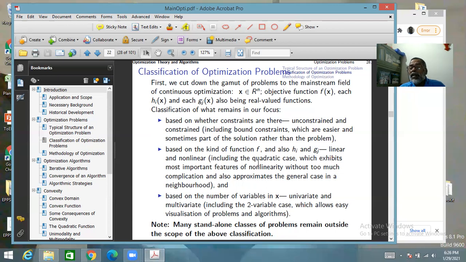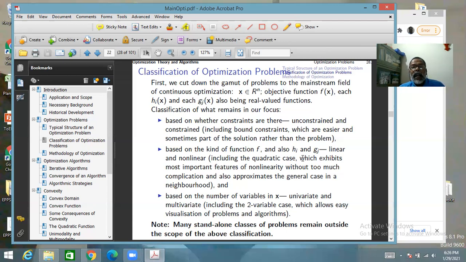Another importance of the quadratic problem is that it exhibits most of the important features of nonlinearity without too much complication. And you can, in many places, solve it even without serious methods.